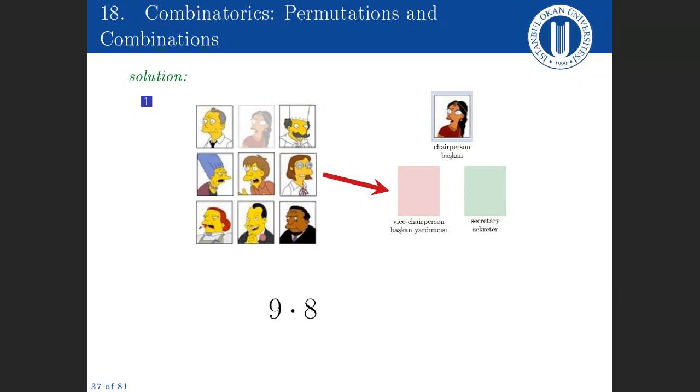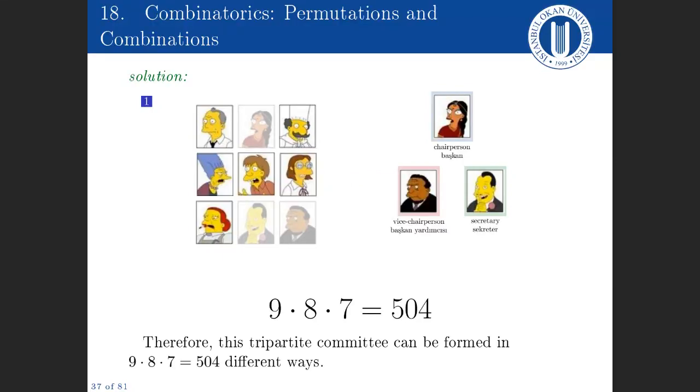And then after we've chosen one of those, we need to choose the secretary. We've got 7 people left with which to choose the secretary. So that means 9 multiplied by 8 multiplied by 7, or 504 different ways to choose this committee.